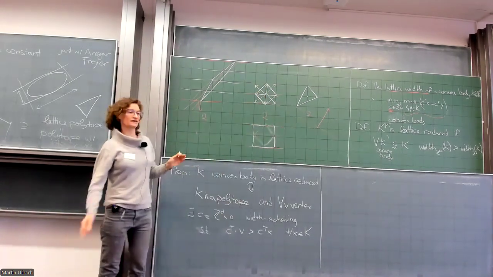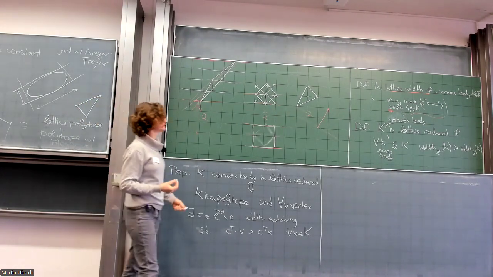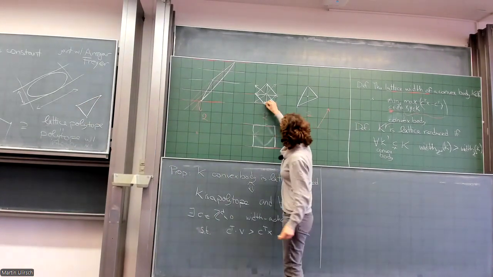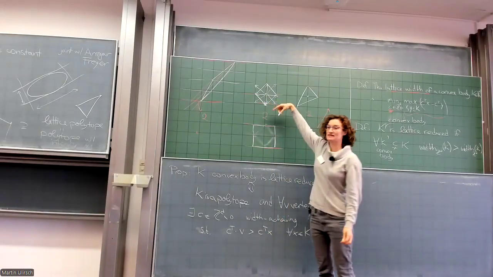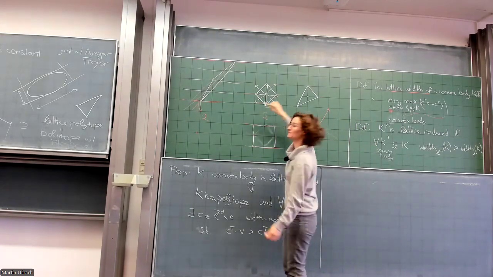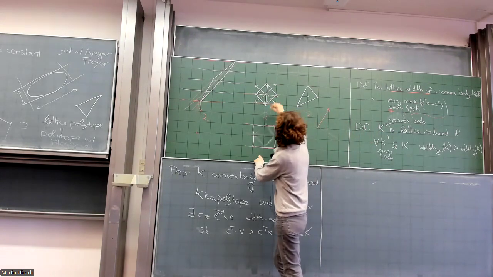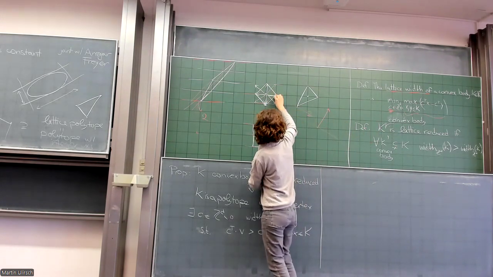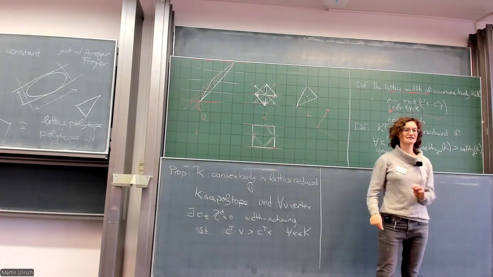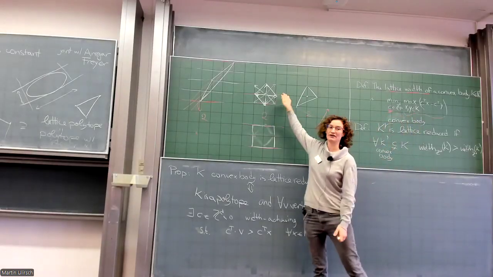These are all the width achieving directions of this guy. What I want is that for every vertex, there is one of these directions assigned to it where this is the unique maximizer in that direction. And for this cross polytope, I can do it. I can pick the standard basis vectors, and they really select uniquely the vertices.